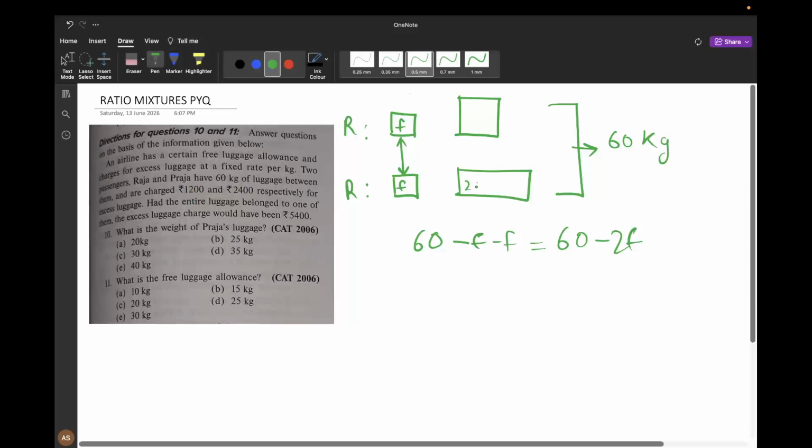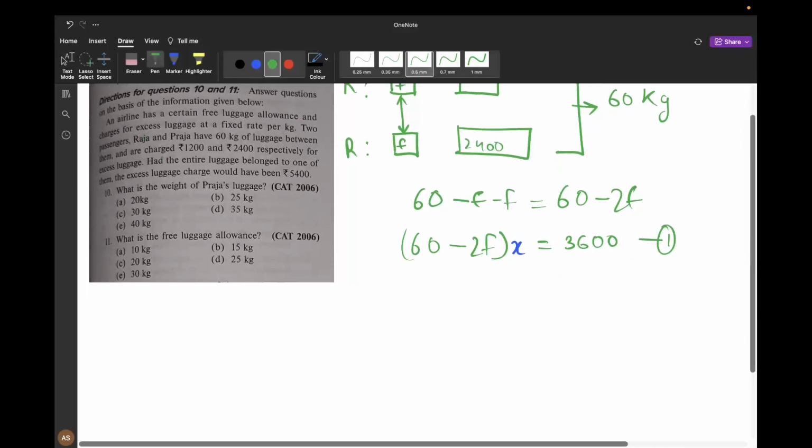Let's suppose the rate is x rupees per kg. If we multiply by x, we should get 2400 plus 1200, right? 3600. So we have one equation in front of us. We'll keep it as one.